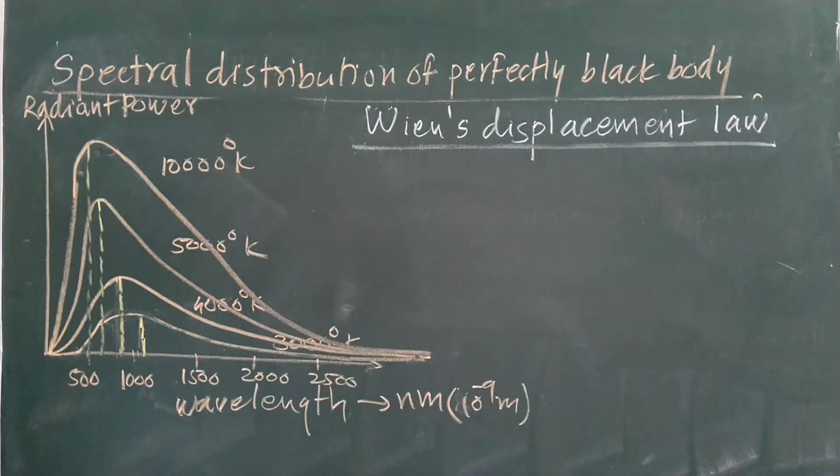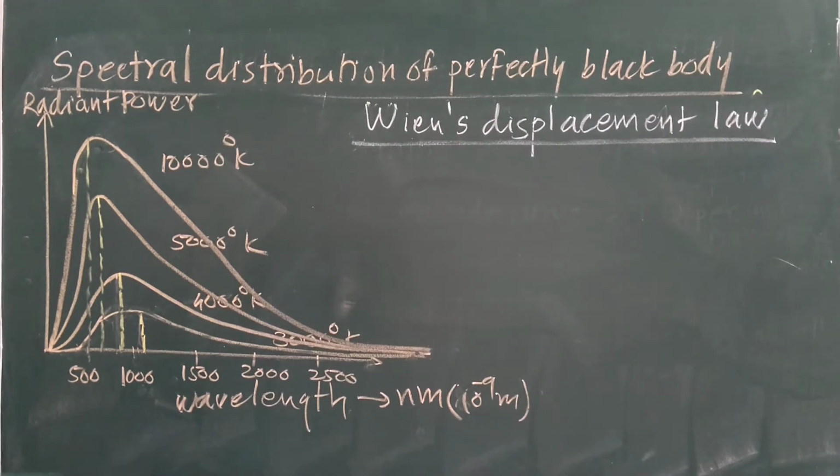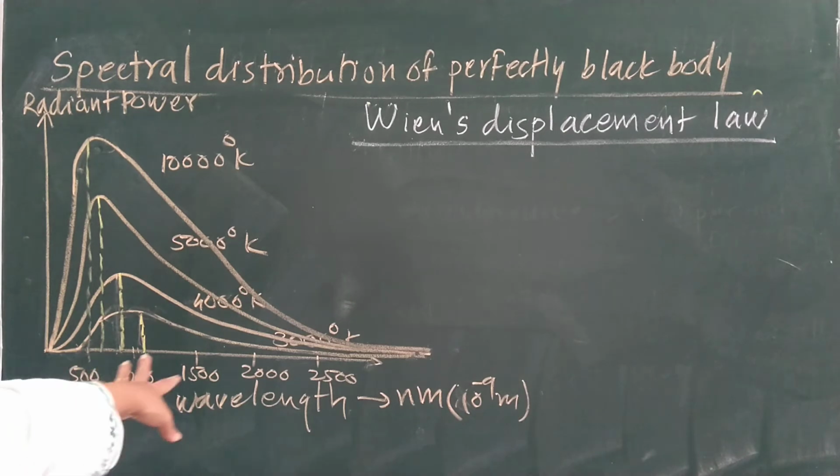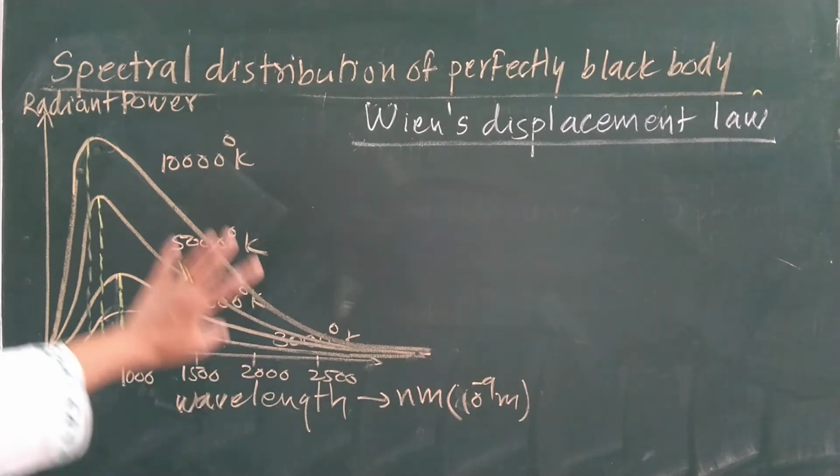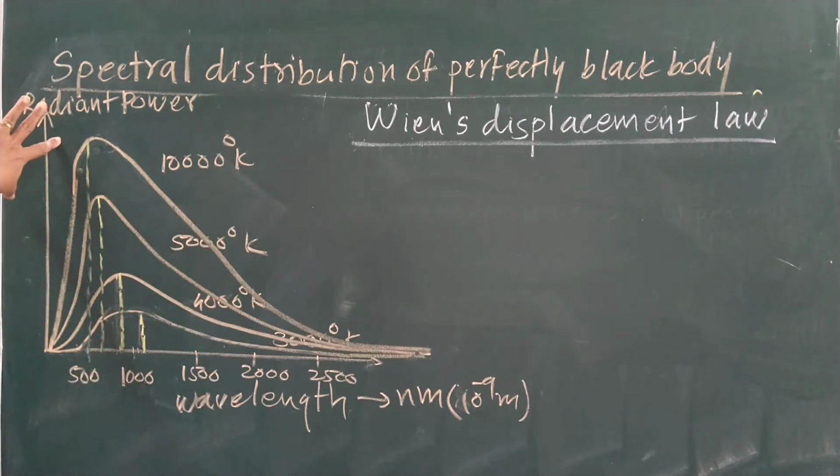What he says in Wien's displacement law is that the wavelength observed for which the emissive power of a perfectly black body is maximum, that is the corresponding wavelength. So for that, the wavelength is minimum. Is it right? And the corresponding temperature is maximum.